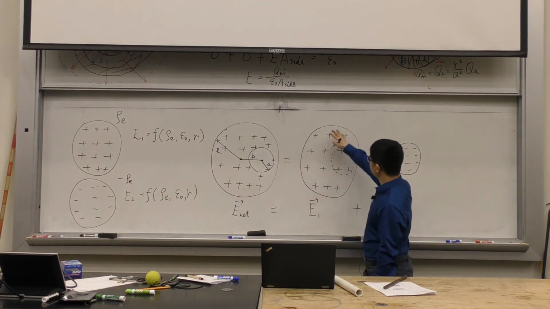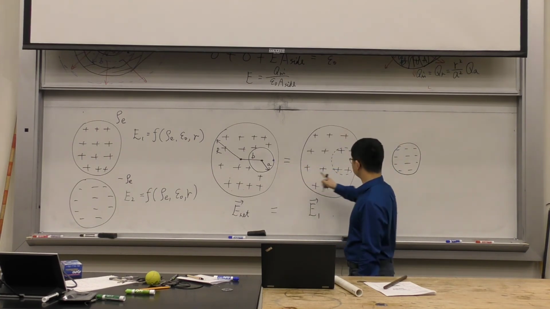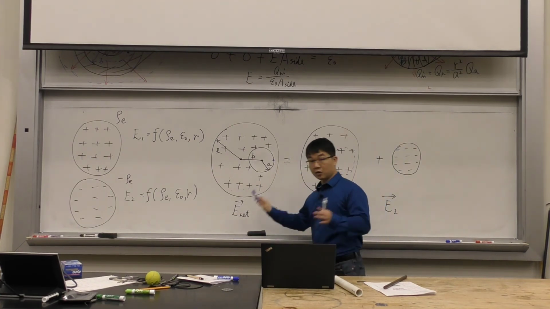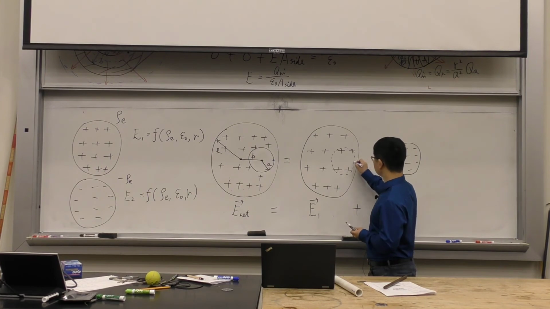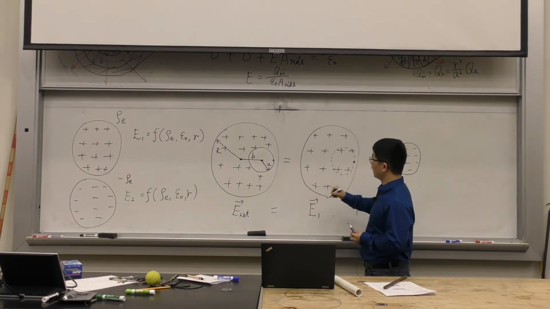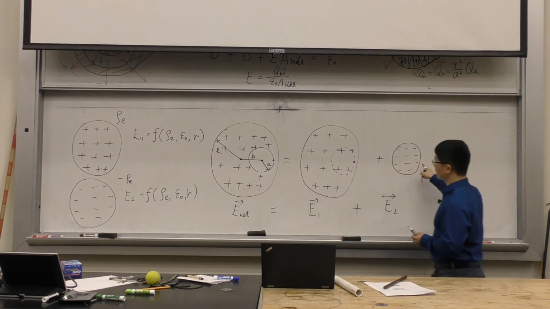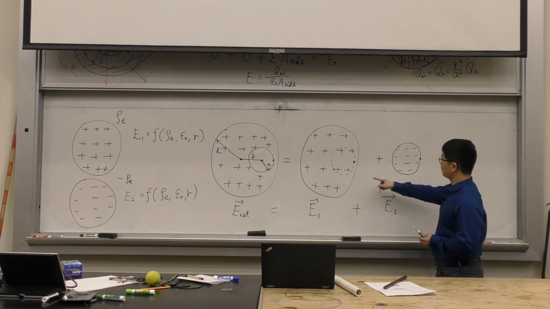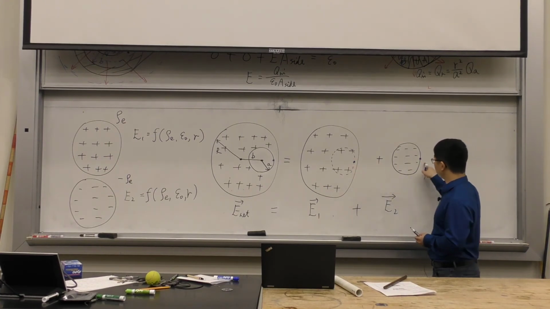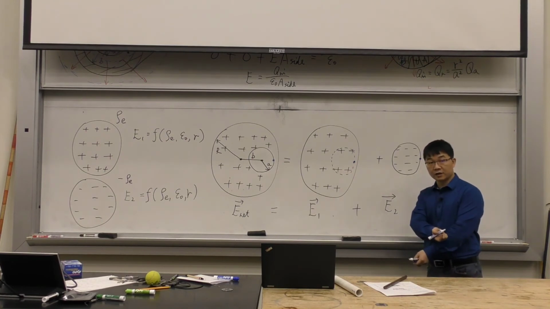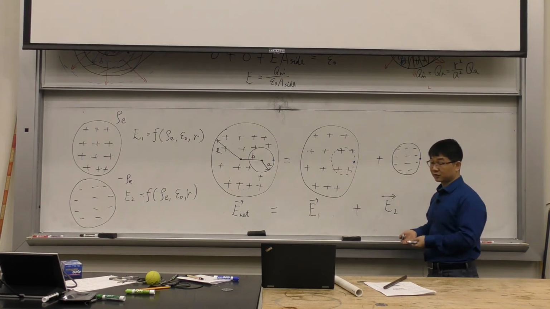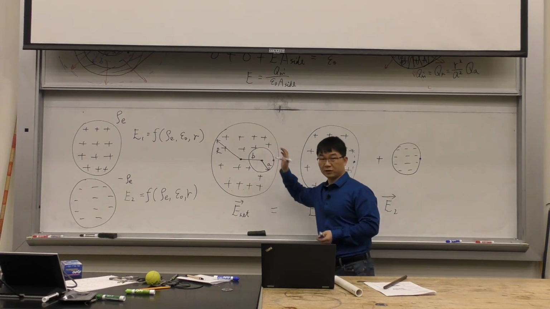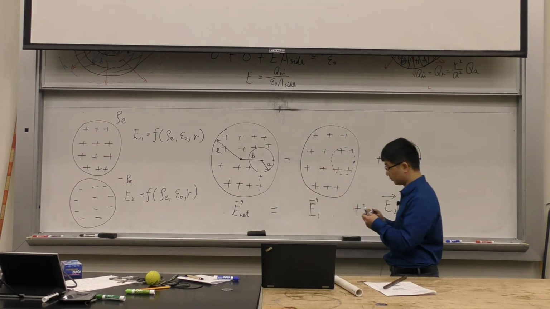On the big solid sphere, no hole, that's just going to be this point. And what is that point in the small sphere? Negative, that's going to be the right edge. So if I can find the electric field at this point and this point, and add them together as vectors, the effect is going to be the same as this sphere with a hole in it.